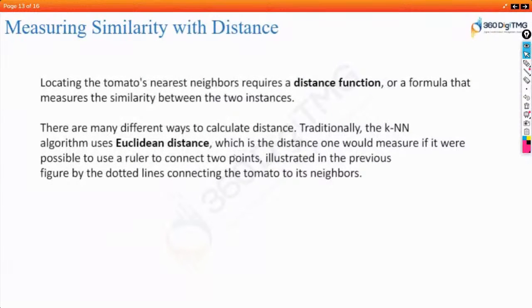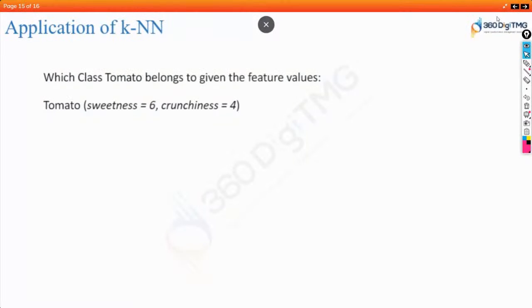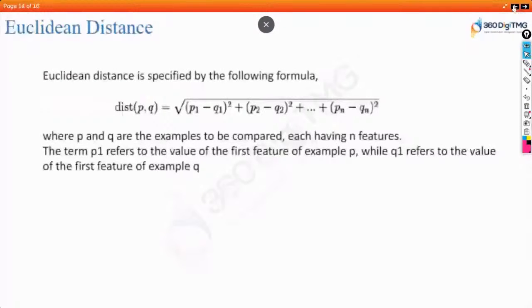So here we will try to do Euclidean distance calculation to identify the distances. This is the formula. If you have multivariate data, this is the formula. So this is the data, 6 and 4.